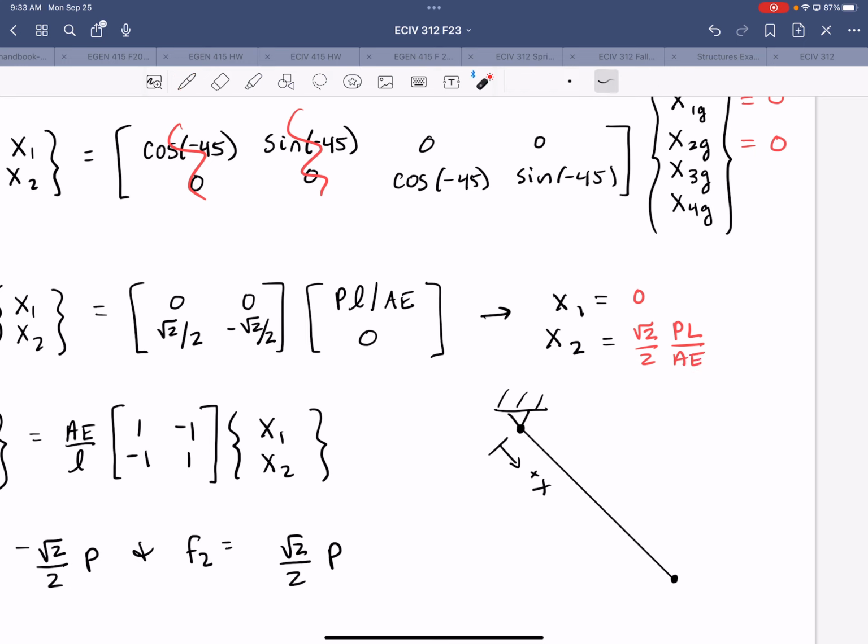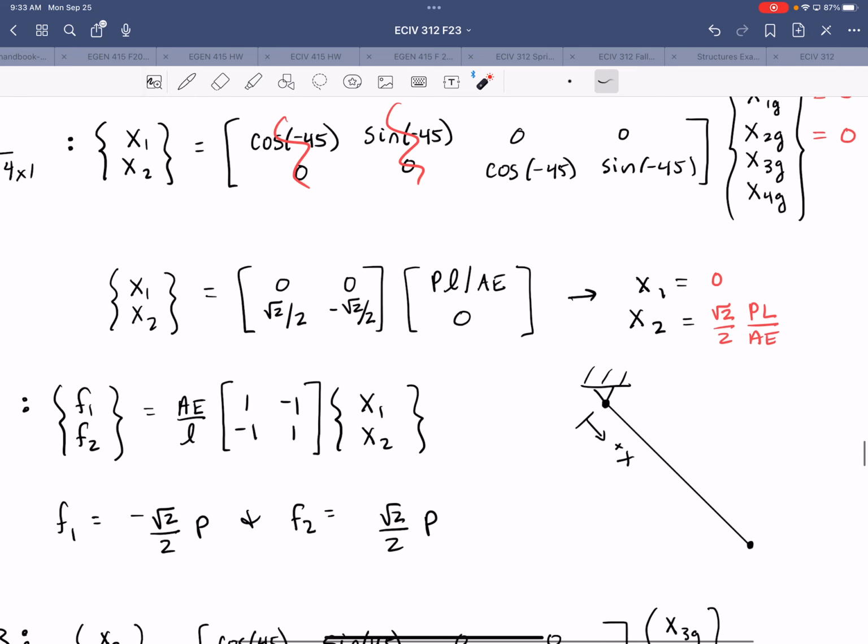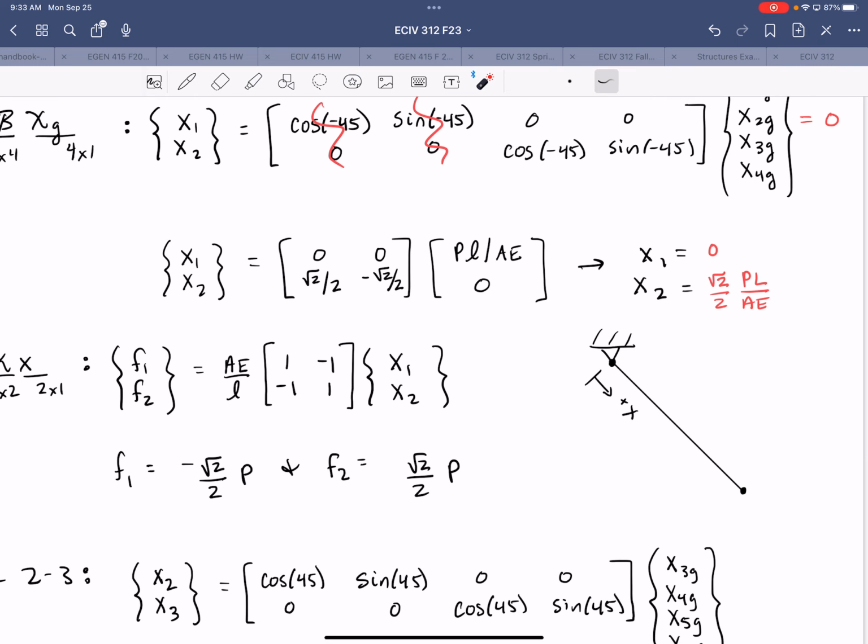All right, and just a gut check, right? The units of those symbols should check out to be equivalent to units of length, and they are. Now, by the way, these x1, x2, right, that's the same as the lowercase delta 1, delta 2 that we looked at last time, right?